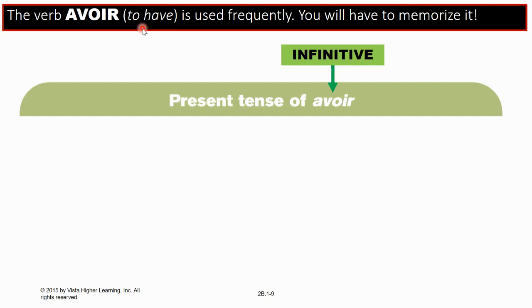You do not say, I to have a pen. That would be wrong. So it's the same in French. You are not going to use avoir like it is here. You would need to conjugate it when you make sentences. So let's look at the conjugation of this verb.